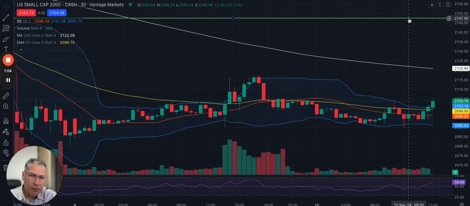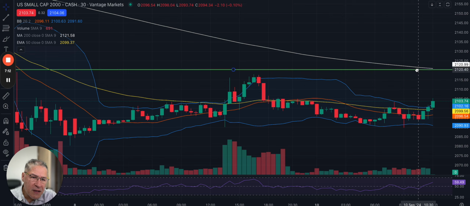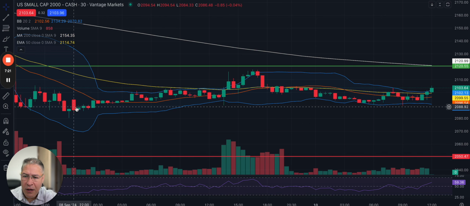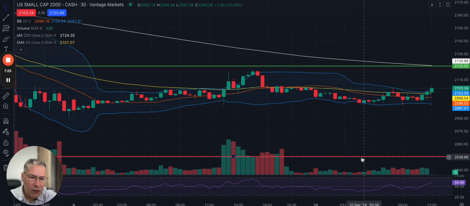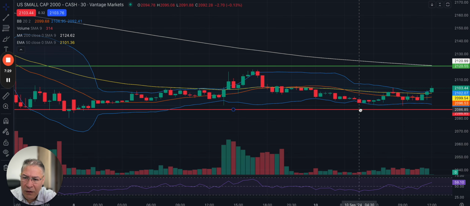So just for today, I'm going to bring down my level of resistance to 2120, which is basically where the 200-day moving average is about. That'll be my resistance level for today, and my support level will be just right around here. 2080 is way too low, so let's just use this right here.